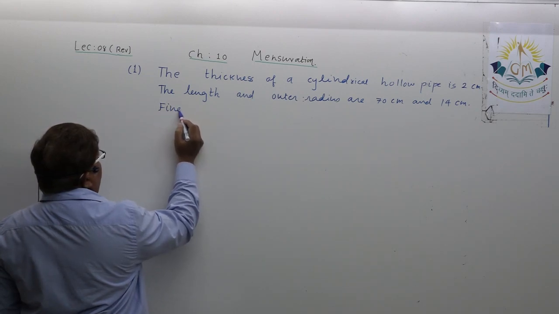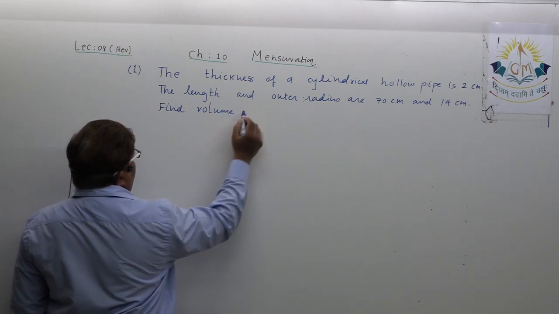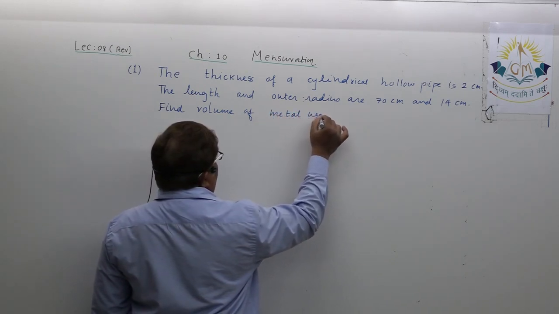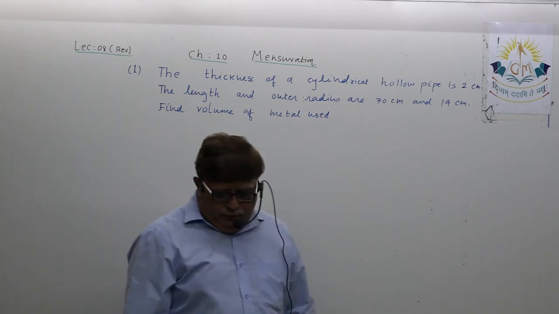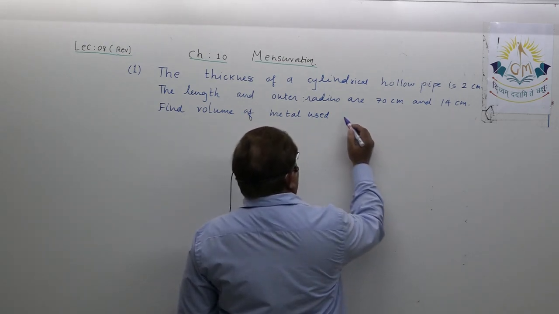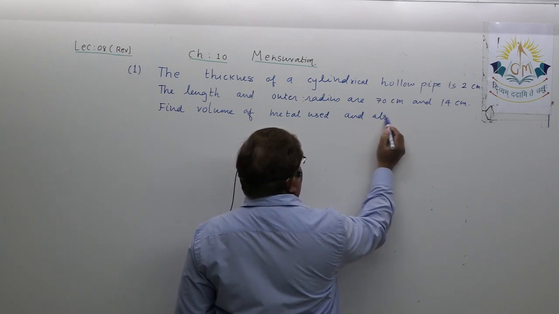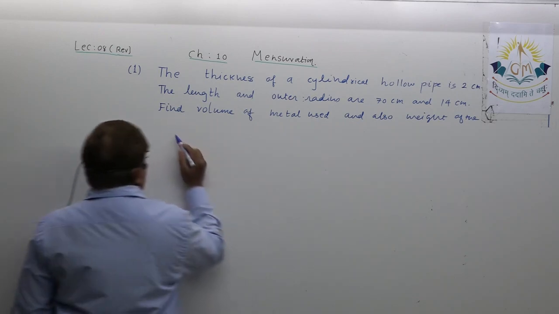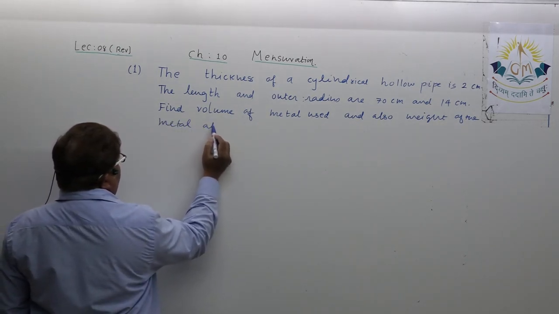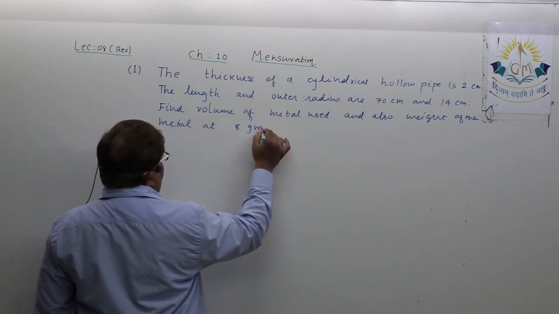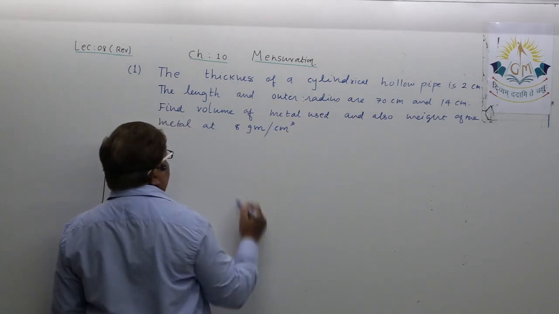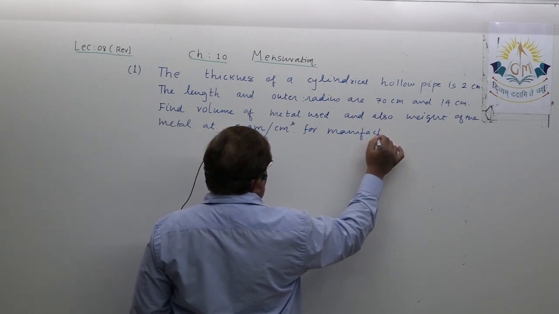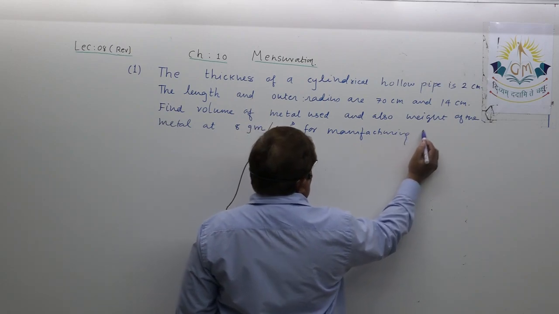Find the volume of metal used and also the weight of the metal at 8 gram per cubic centimeter for manufacturing this pipe.